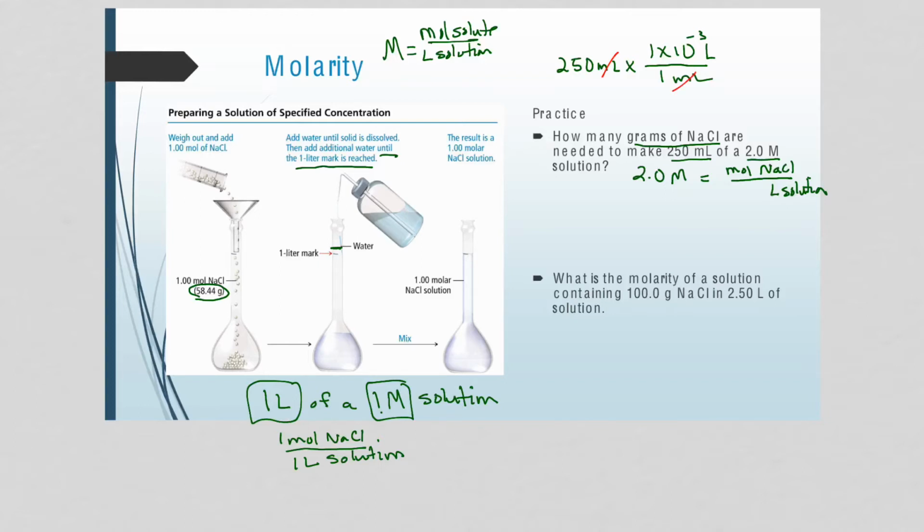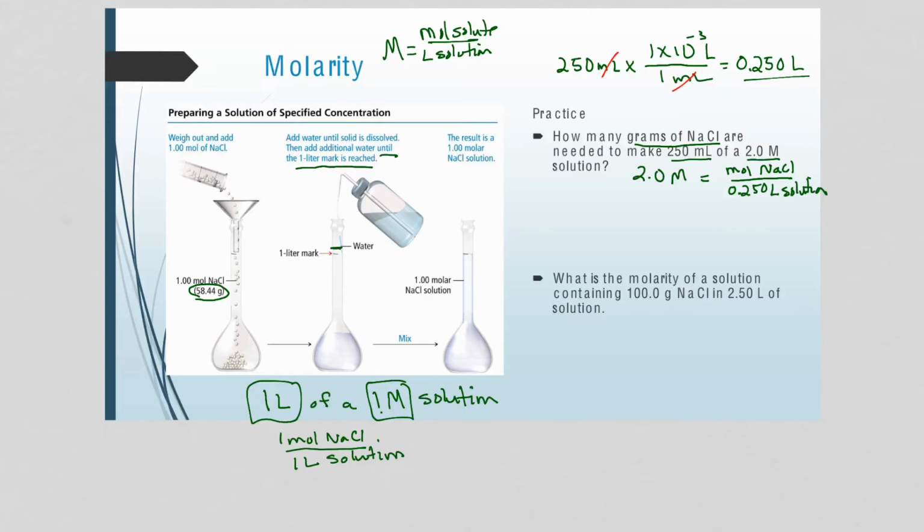So, watching my dimensional analysis, milliliters cancel, and I'm going to end up with 0.250 liters here. So now I know what my liters of solution are. I have 2 molar equals some moles of sodium chloride per 0.25 liters.